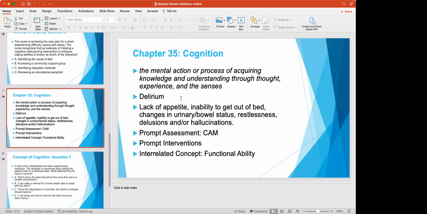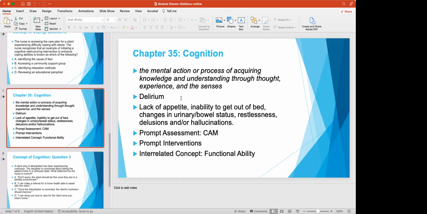Delirium is the most frequent complication of hospitalization in the elderly population. A number of underlying conditions can lead to delirium, such as dehydration, electrolyte imbalances, fever, hypoxia, sleep deprivation, adverse effects of medications, and illicit drug and alcohol use, to name just a few.